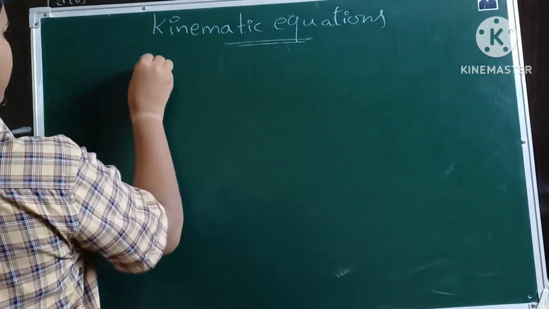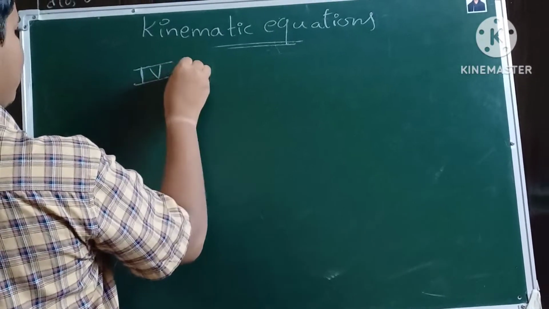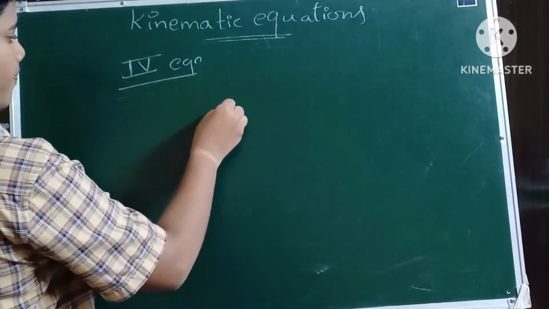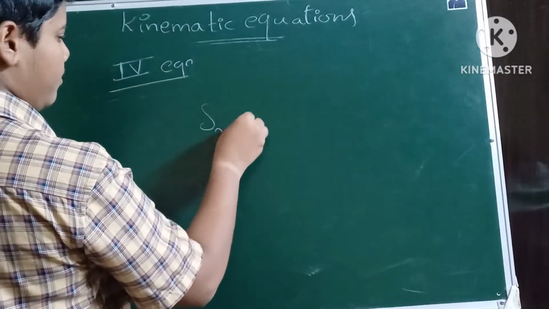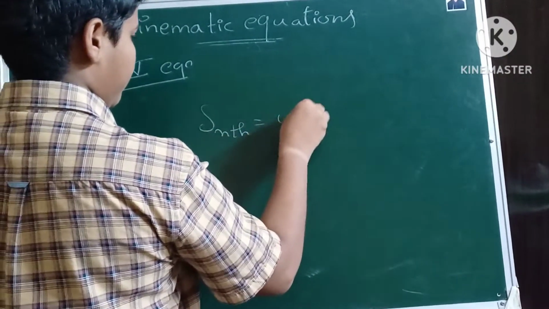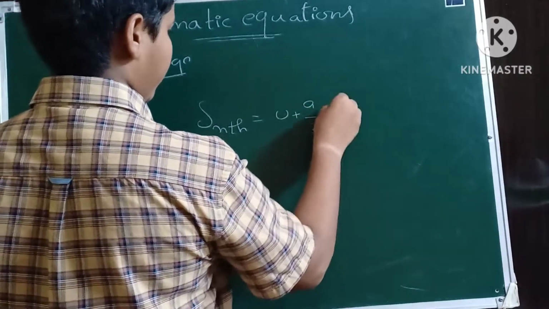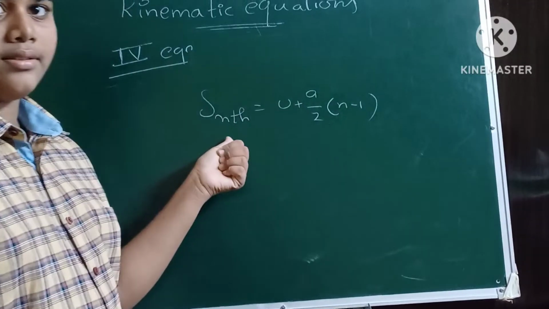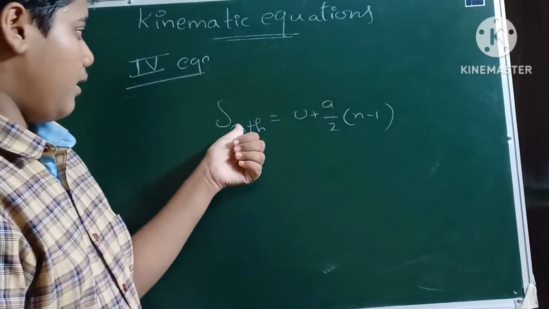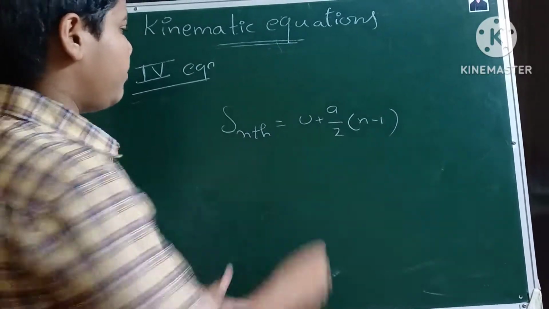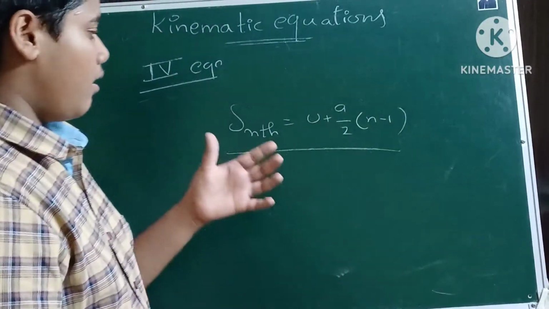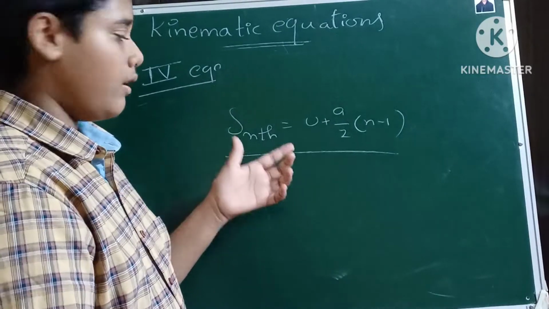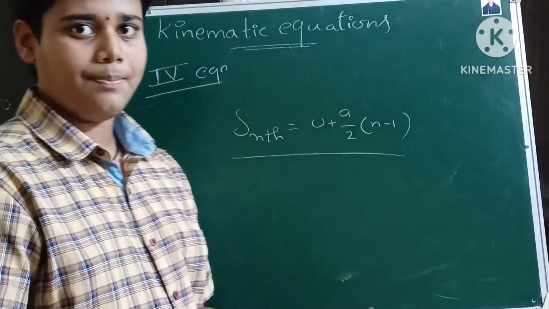The fourth equation is S nth is equal to u plus a by 2 into (2n minus 1). This equation is for a particular nth second.